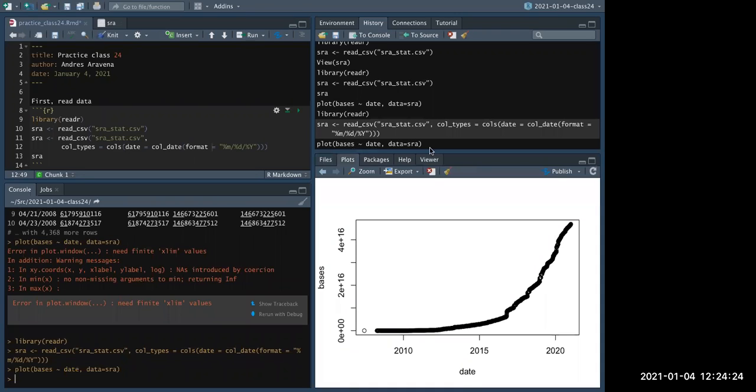and now it works. And there is a gap here, you see, because the first day and the others are. There are many points, and this is based on time. So I think this is a good idea to use type equal line.